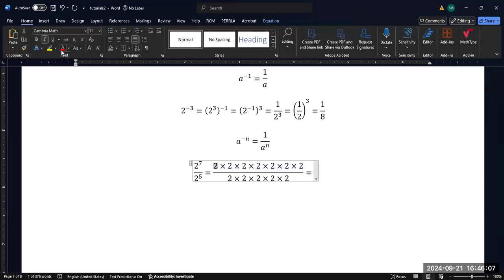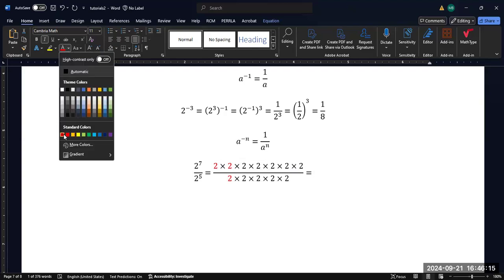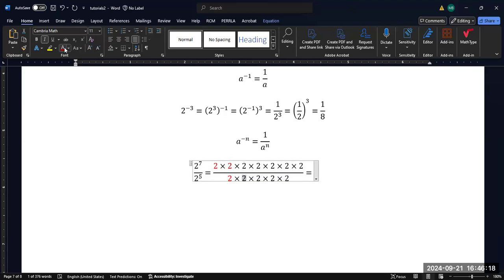So that one cancels with that one, and this one cancels with that one, and this one is going to cancel with that one, and this one is going to cancel with that one, and this one is going to cancel with that one. And what we're left with is 2 times 2, which is 2 squared.